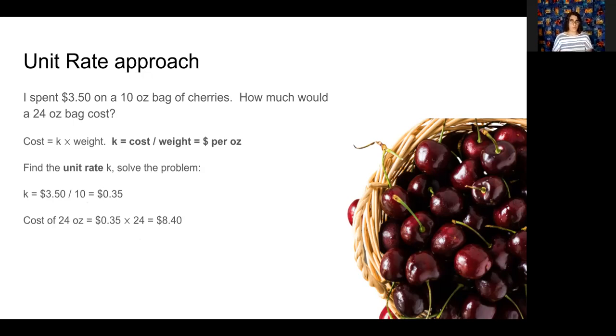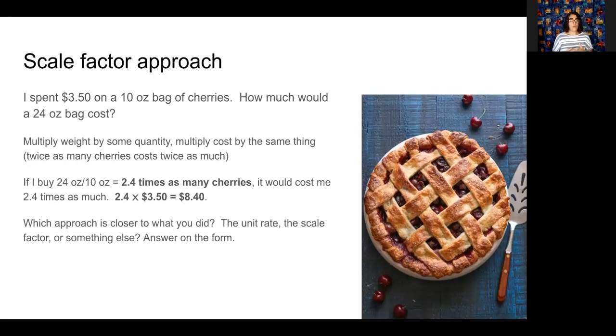There's another approach I could have taken, and that would be to use that idea that if things are proportional, if you double one, the other one doubles. So I say, well, how many more cherries are there in that 24-ounce bag? If I take my 24-ounce bag and divide it by 10 ounces, there are 2.4 times as many cherries in the 24-ounce bag as in the 10-ounce bag.